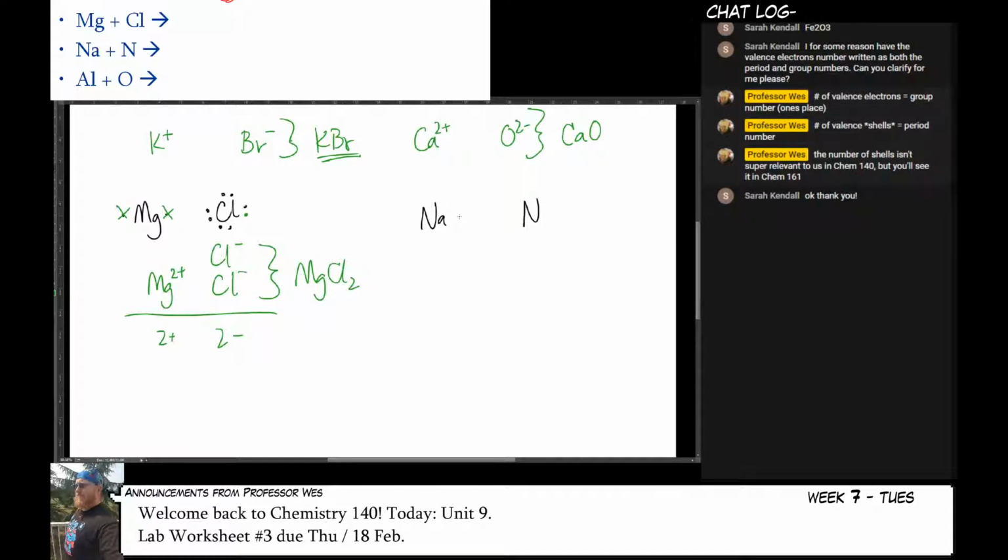Let's do sodium and nitrogen. Sodium has just 1. Nitrogen has 5. Let's make octets. We'll get rid of this one for sodium. And then for nitrogen, I got to give it 3.